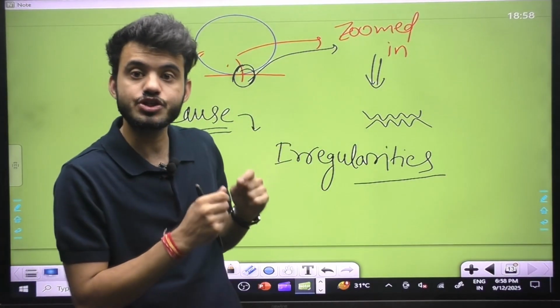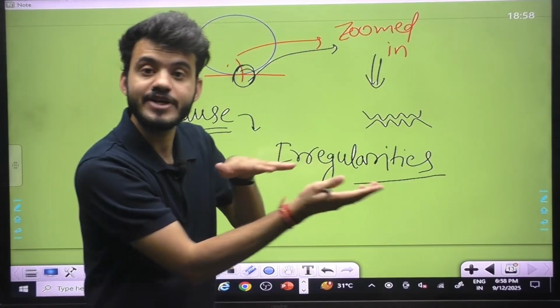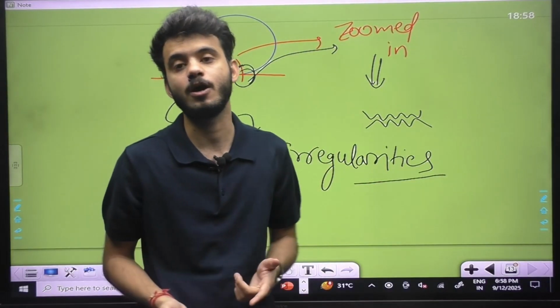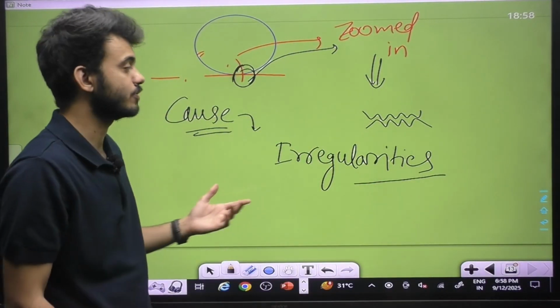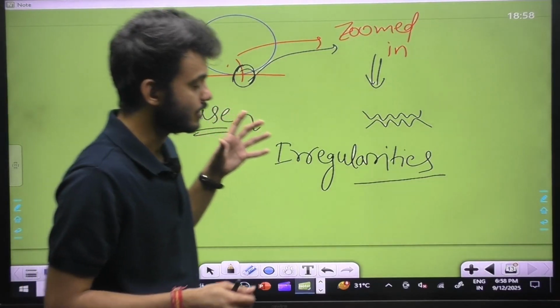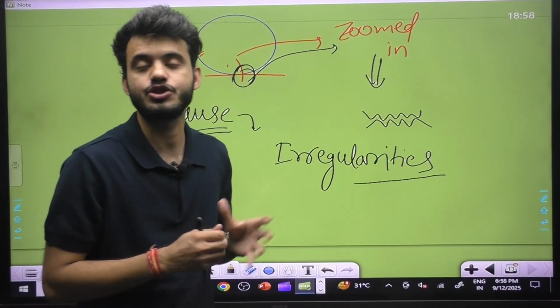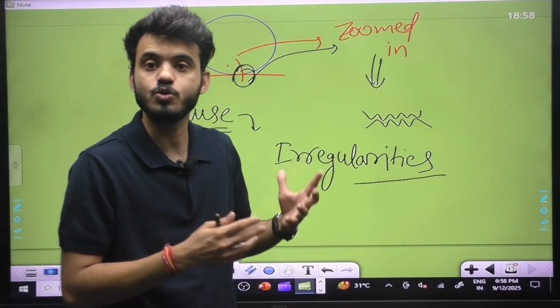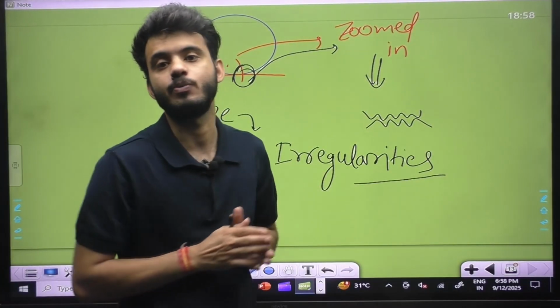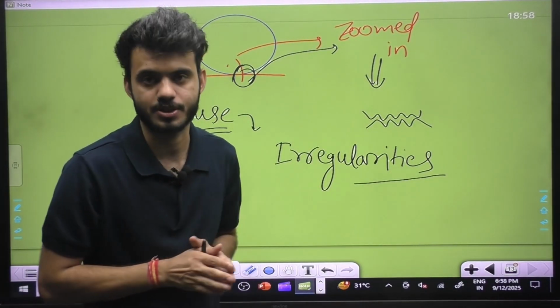So this opposition of the relative motion between two surfaces is nothing but what we like to call friction. So that's what friction is: a force that opposes the relative motion between two surfaces or between two objects.